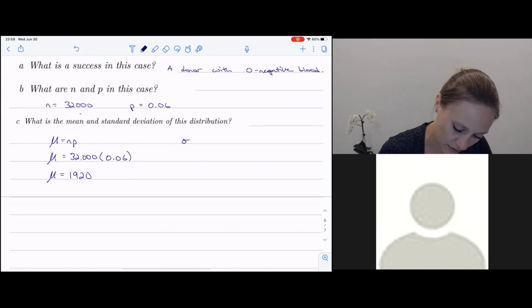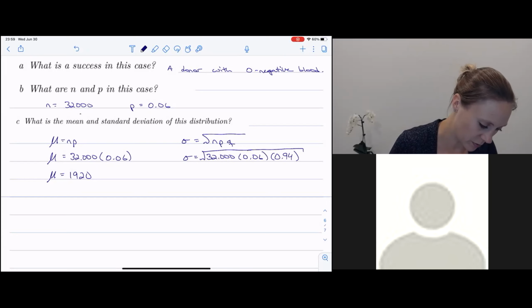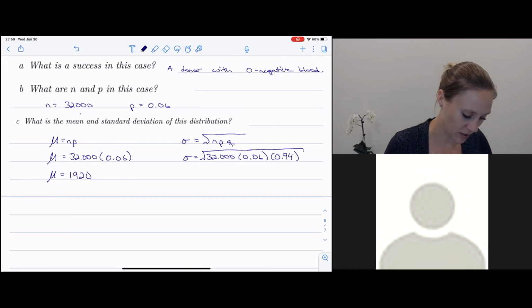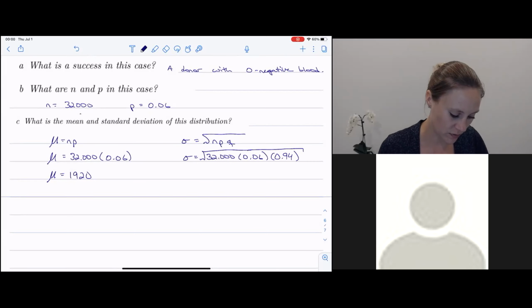And then to keep it on the same page, we've got sigma is the square root of N times P times Q. So sigma is the square root of 32,000 times 0.06 times 0.94, which I'll confirm is 1 minus 0.06, but hey, nice. So 0.94 times 0.06 times 32,000. And then don't forget to square root that.